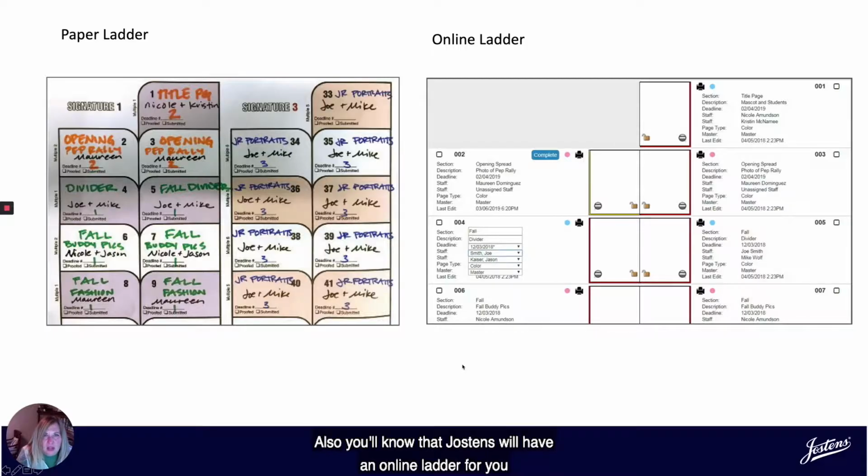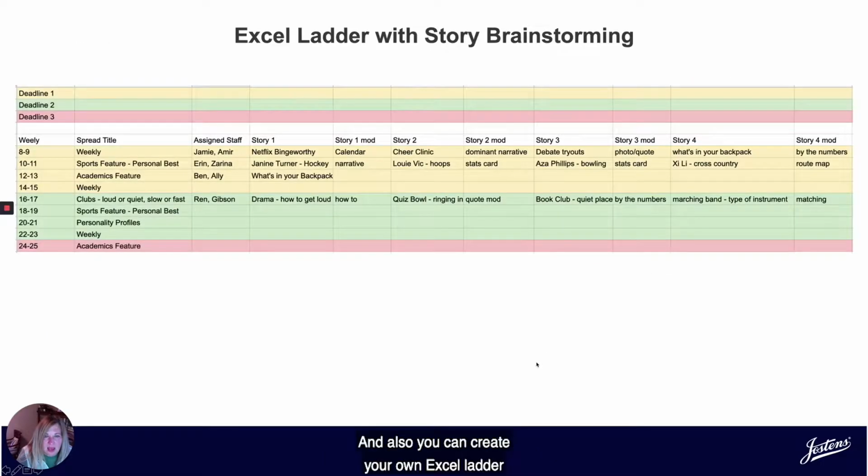Also, you'll know that Jostens will have an online ladder for you that will look something like this. And also, you can create your own Excel ladder with some story brainstorming. And so here you can see I've created one that has 3 different deadlines on it.